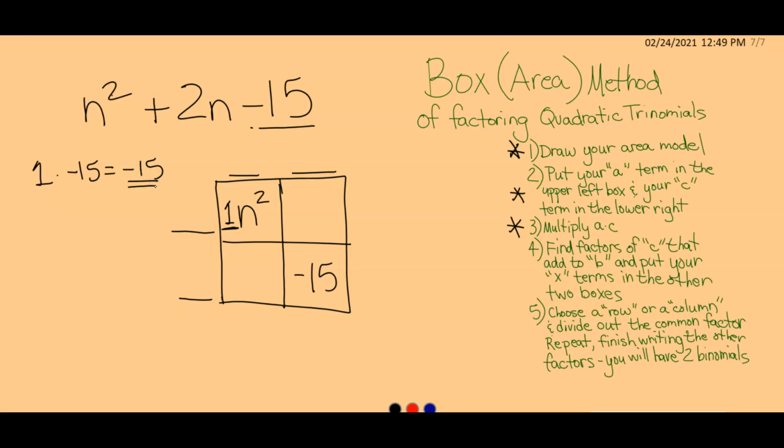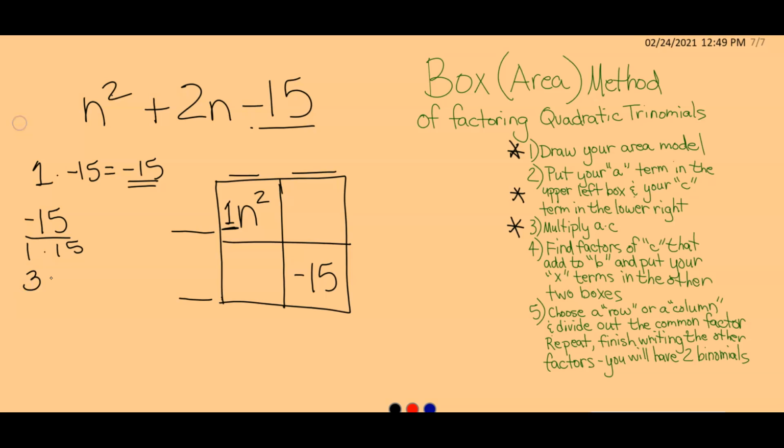So now start writing the factors of negative 15. What two numbers? Well, there's 1 and 15. Well, I know that doesn't work because they have to add up to 2. So what's my next choice?